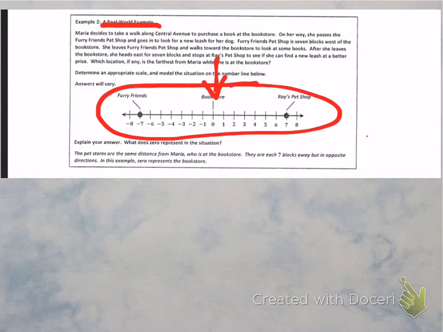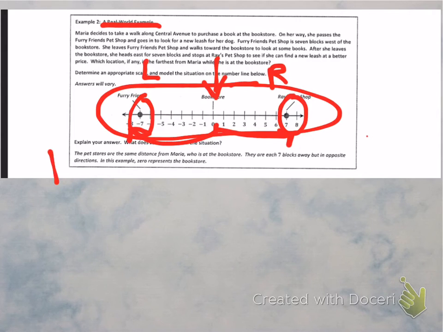So, we're focusing on this location. So if we go from here to here, that's 7 units on the right. And if we look from here to here, that's 7 units on the left. So to explain our answer, this would be a good one because they want you to use words.